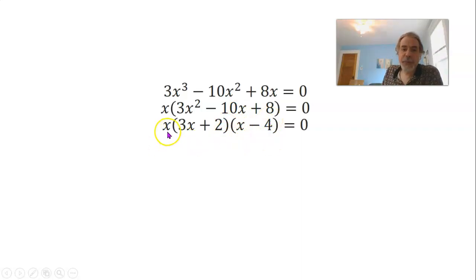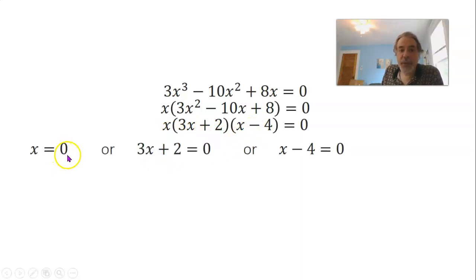Now we have three factors. Each one of them gets its own separate equation. x equals 0, or 3x plus 2 equals 0, or x minus 4 equals 0. And now we've got to get each one of these equations where it's just got x on one side equals a number on the other side.